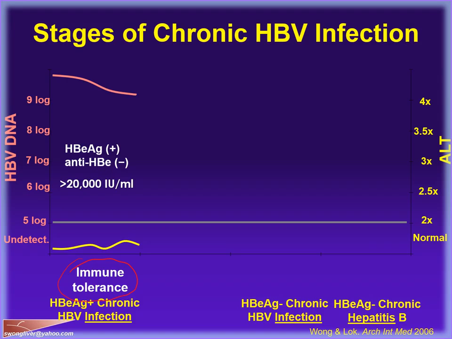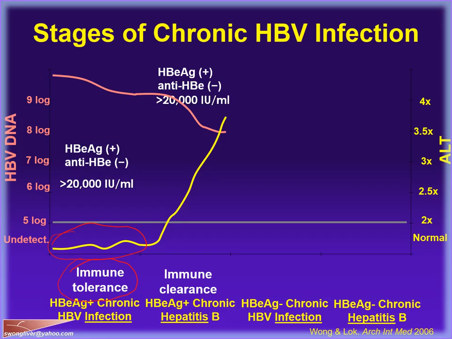Then your SGPT, shown in the yellow line, is normal because the immune system is not destroying the hepatocytes. So in the immune tolerance phase, the HBe antigen is positive, your HBV DNA levels are very high, but your ALT is normal because the immune system is not destroying the hepatocytes.